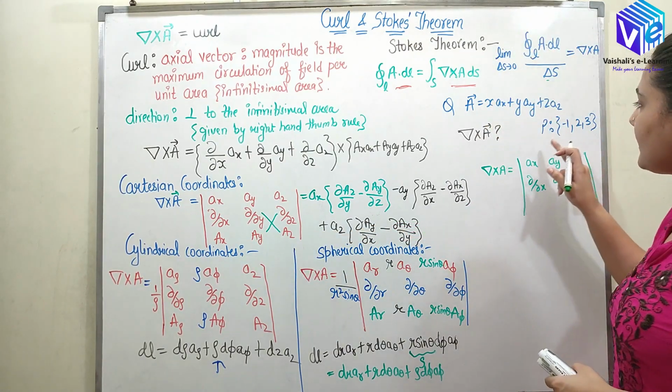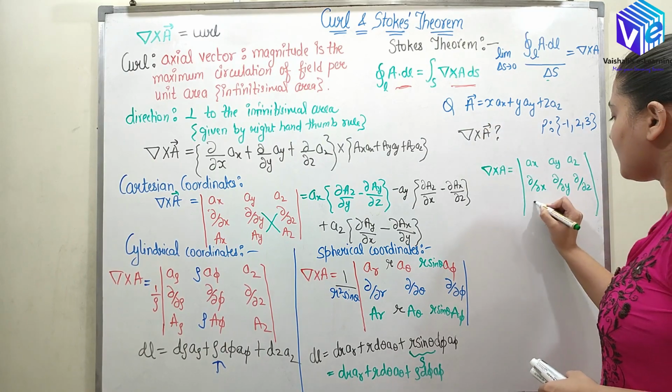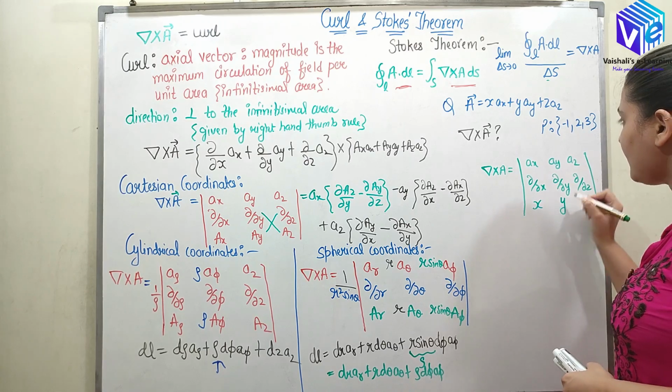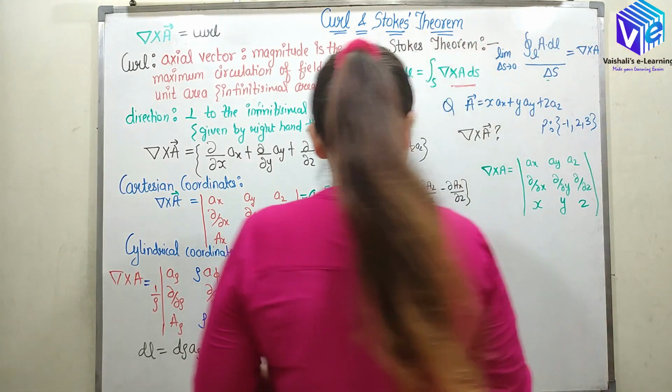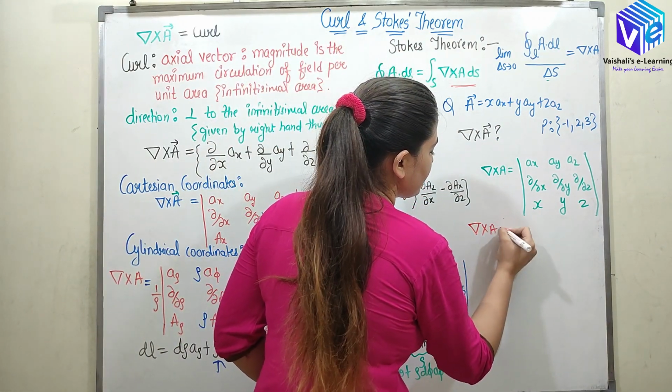Now here instead of AX, AY and AZ, I will be putting the values. What is the value of AX? It is x. So here I'll be putting x. What is the value of ay? It is y, and az is z. So now I just need to expand this.